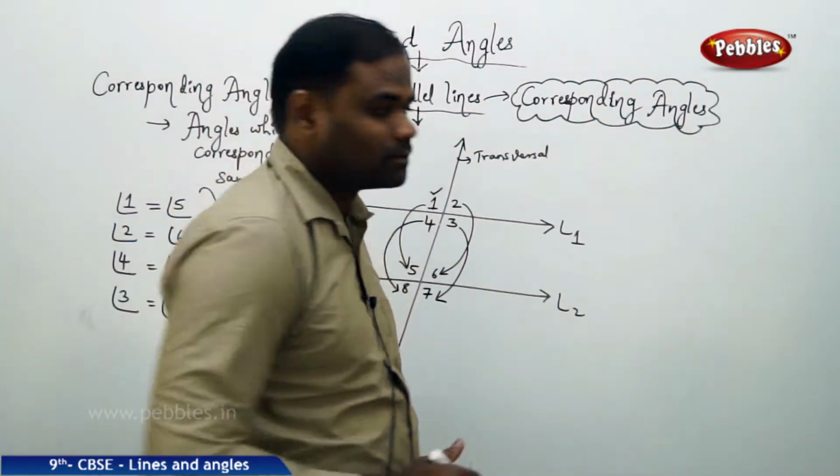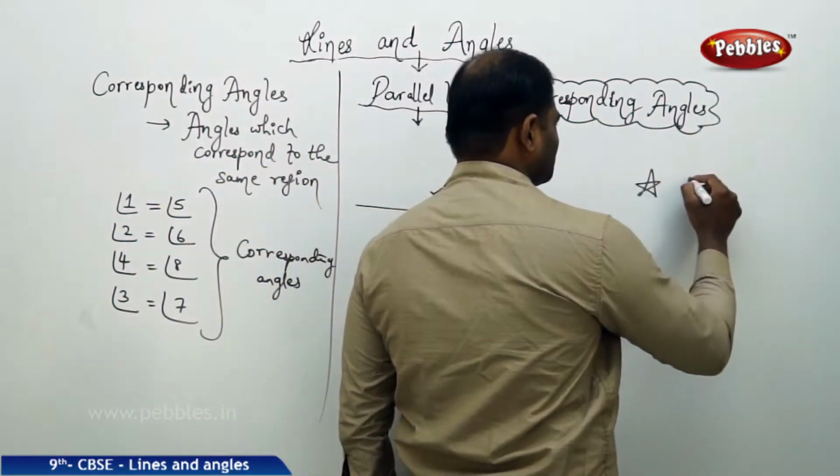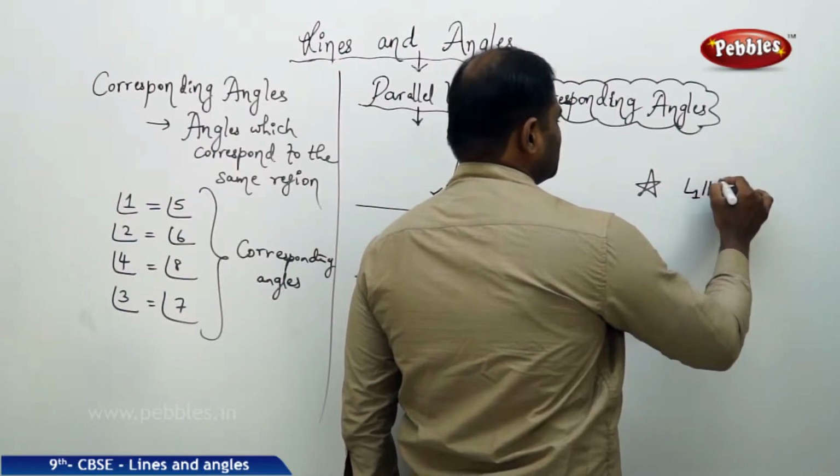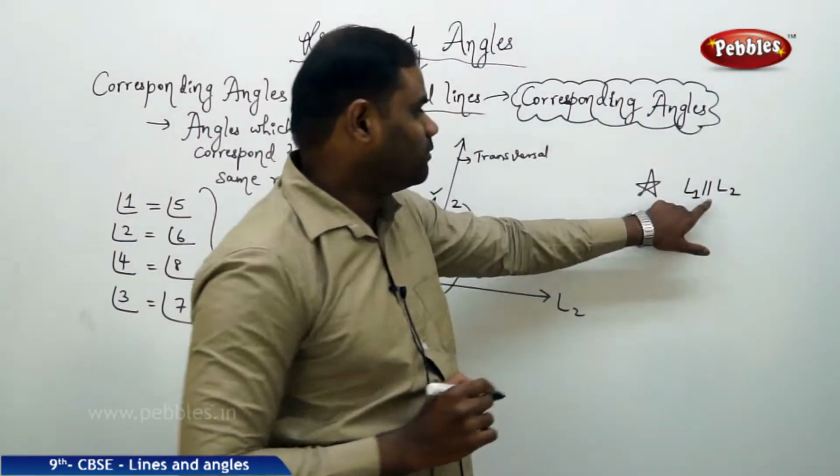Therefore, I have a property which says: L1 parallel to L2, where this is the symbol for parallelism.